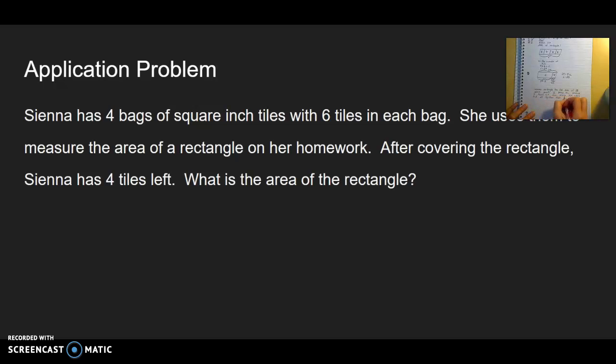Then I took 4 away from the total. This gave me 20 tiles left for covering the rectangle. Boom. Writing done.